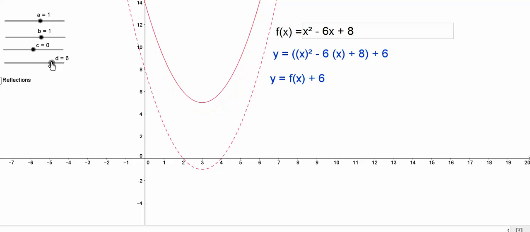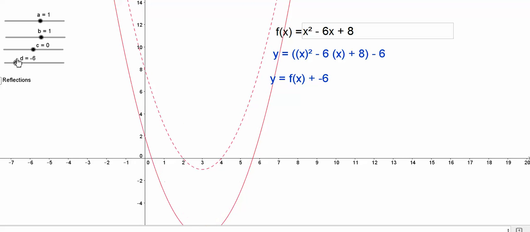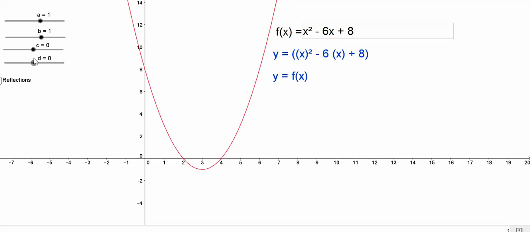The more I add, the further we go in the y direction. If we subtract a number from the function, the curve moves down. We call this transformation a translation.